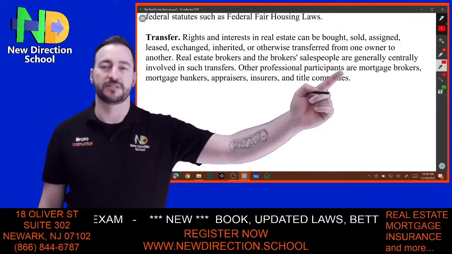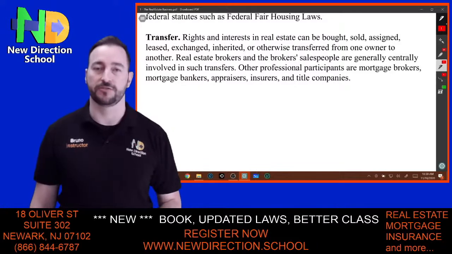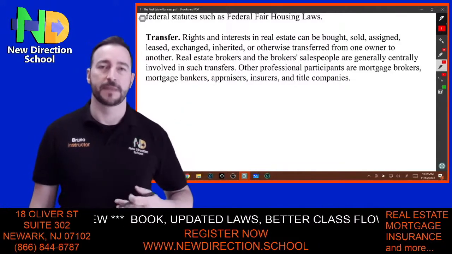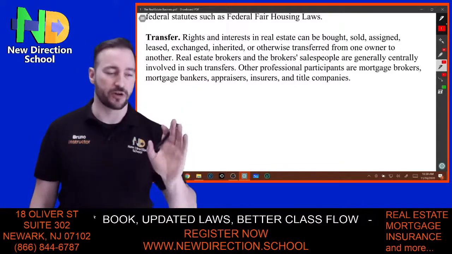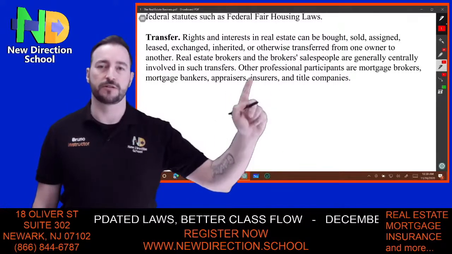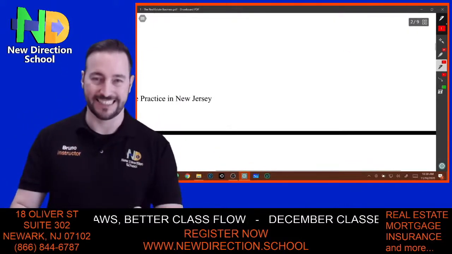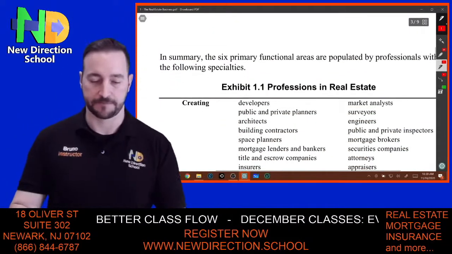Other professional participants are mortgage brokers, so definitely get one or two to be on your team. Mortgage bankers, these are people that lend their own money. We'll talk about that in chapter 17. Appraisers, insurers, and title companies, right? So these are all involved in the transfer of real estate.